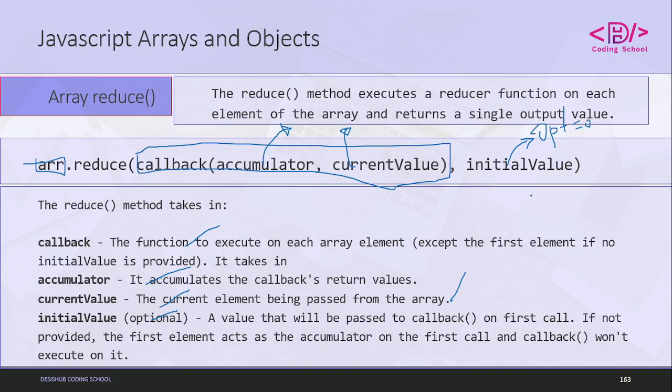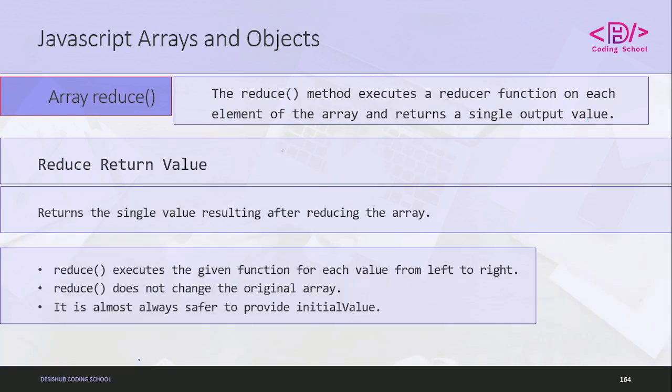So for instance, if you are summing from 2000, you would pass in 2000, but if you don't pass it, it will take it as 0. If not provided, the first element acts as the accumulator, so that is something to note also. The first element is taken as the accumulator on the first call, and the callback won't execute on it again.